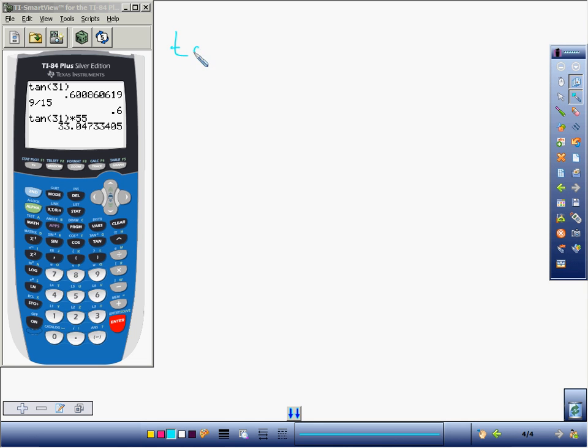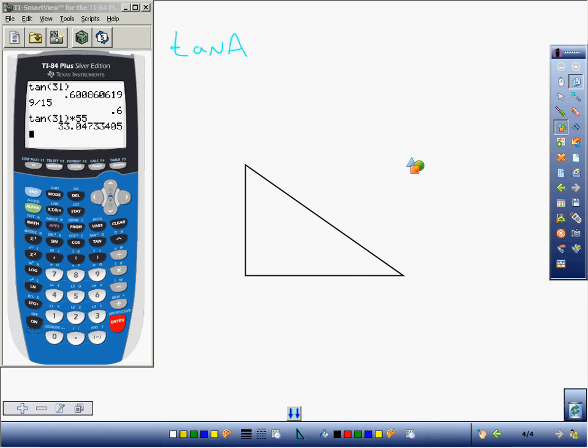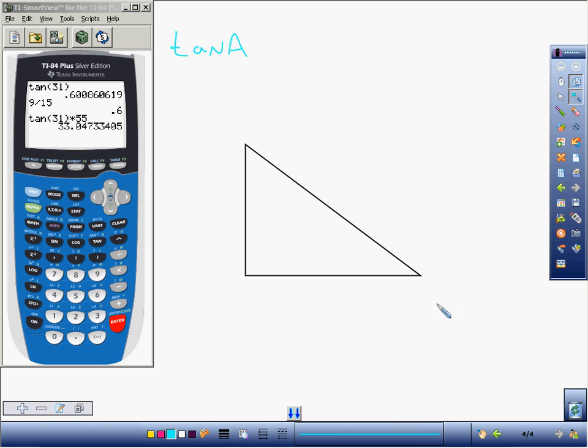So the tangent is defined as tangent. So here, and this only works for right triangles.